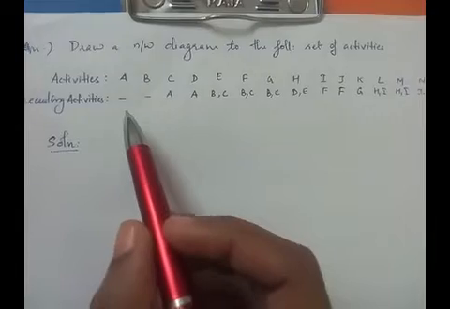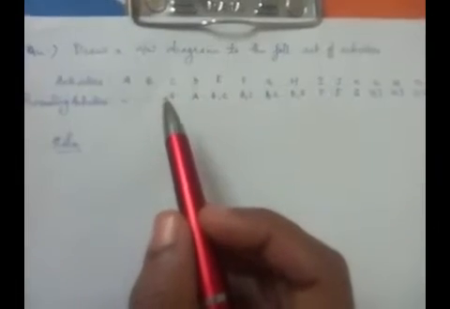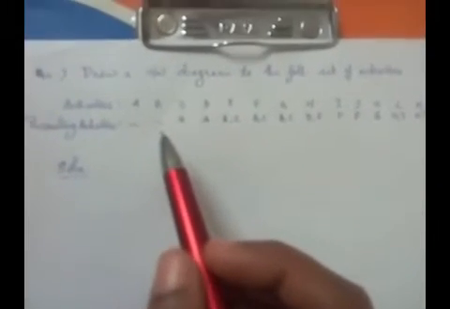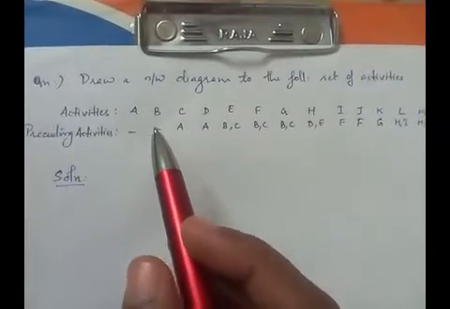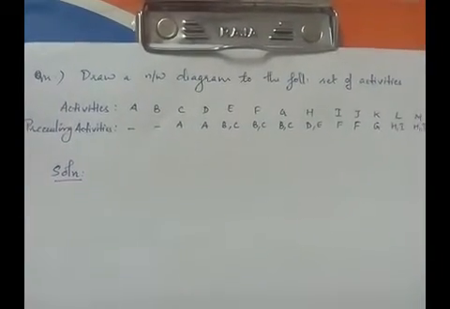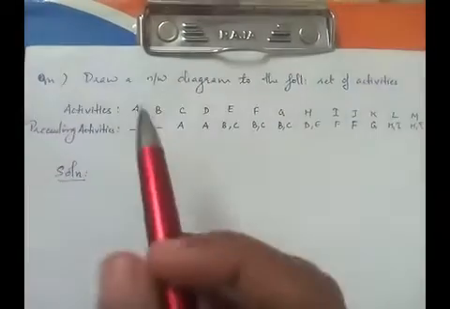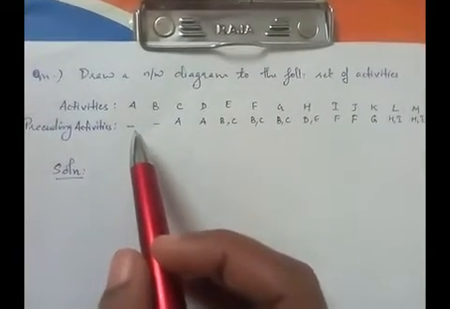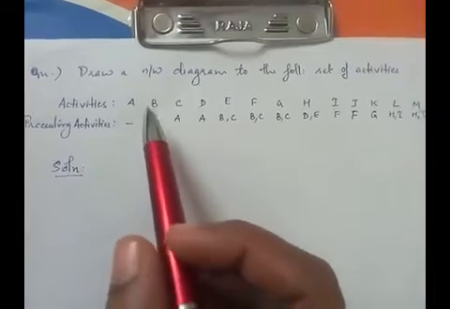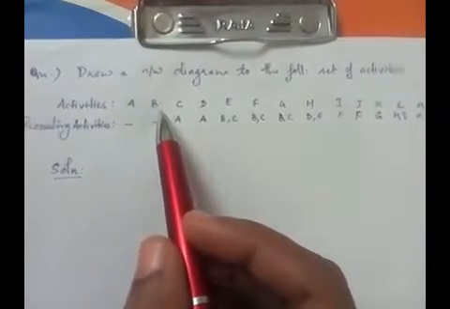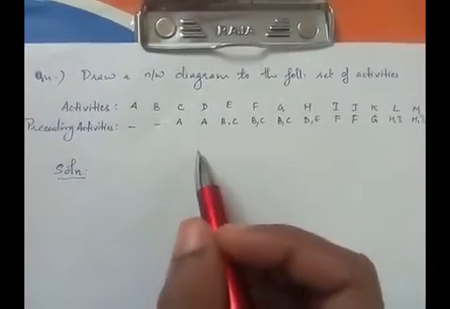Since we have two activities without preceding activities, both are going to begin at the same time. That means the activities A and B are starting at the same moment, right?